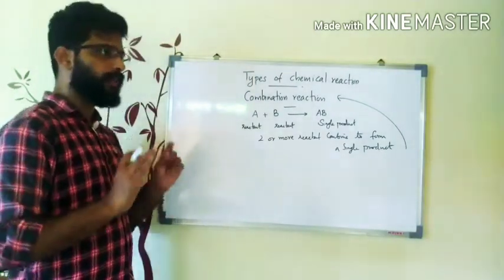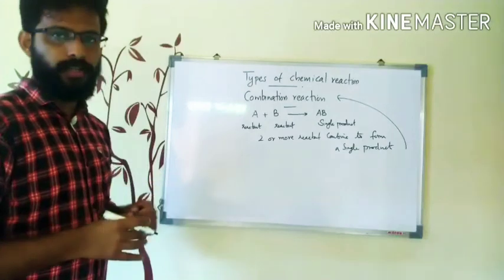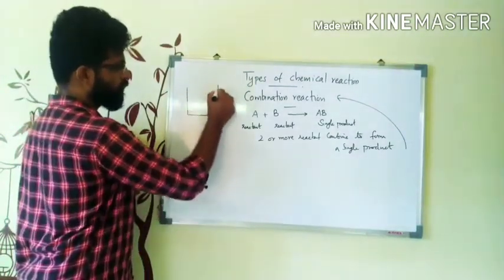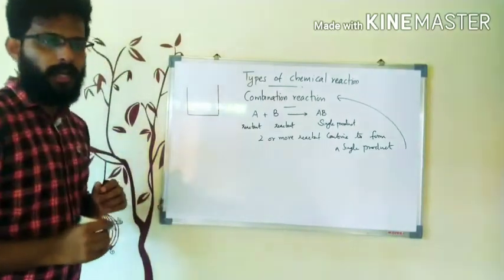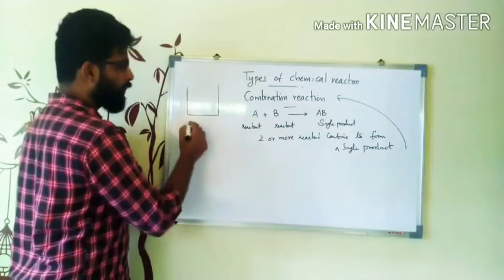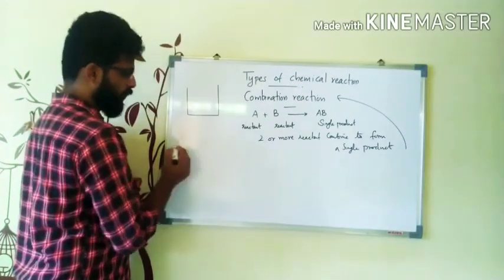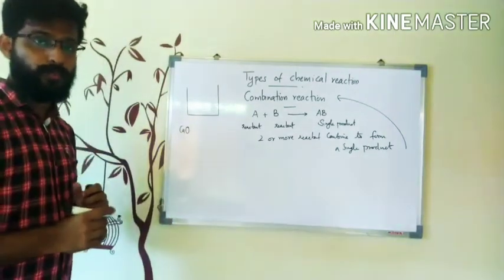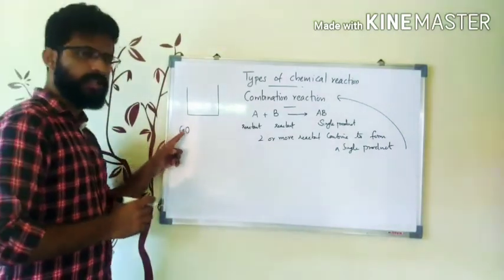First of all, I am taking a beaker, and into the beaker I am adding some solid calcium oxide, CaO. The formula of calcium oxide is CaO.